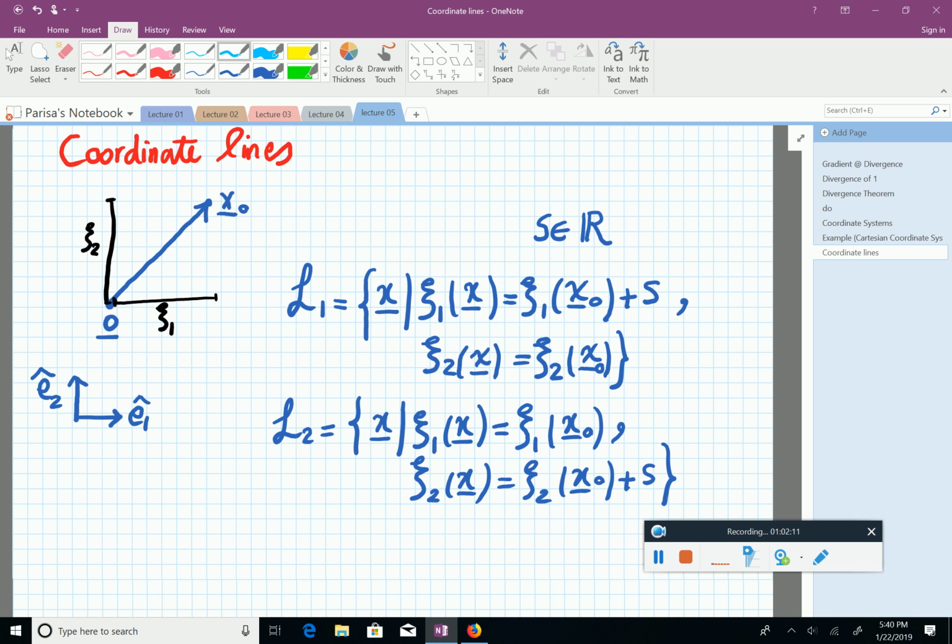This is a horizontal line which passes through x naught. It's important that it passes through x naught. It's not going through O, right? Every point you take on this line has the second coordinate equal to the second coordinate of x naught, and the first coordinate is the first coordinate plus or minus any number.